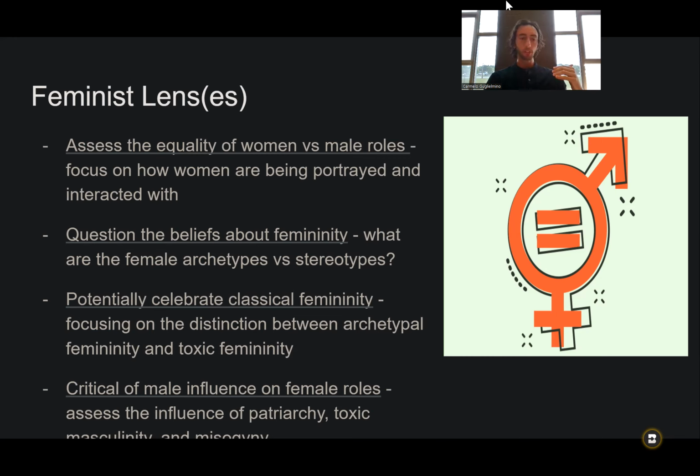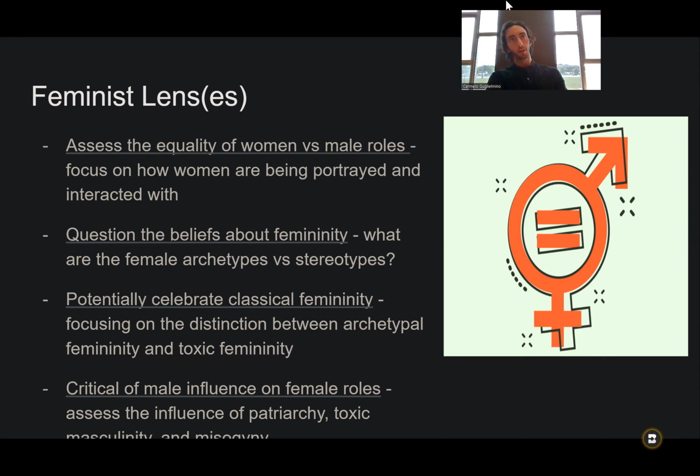So it will look at how a woman or women in general are being portrayed and how they are interacted with in a particular piece of artwork. For instance, if we're reading something like, what jumps into my head is Sir Malory's Le Morte d'Arthur, the legends of King Arthur that were compiled by Sir Malory.